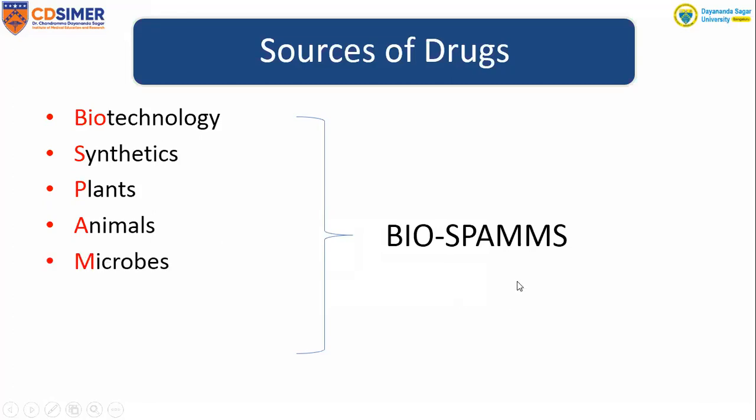Next is microbes. Microbes can be one of the most important sources of drugs, like cephalosporins, penicillins, tetracyclines, or chloramphenicol.